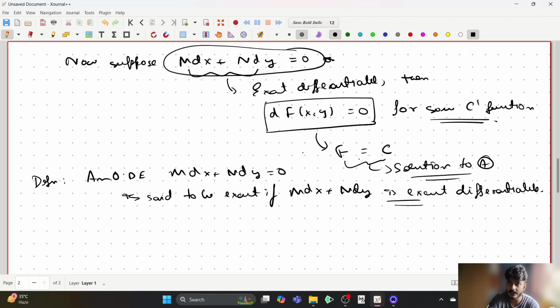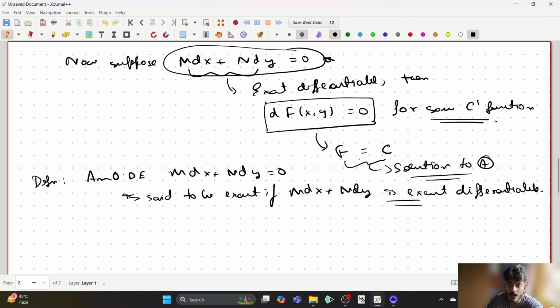Clear? That is the notion of an exact differential equation. And now we will be observing some properties which these exact differential equations possess.